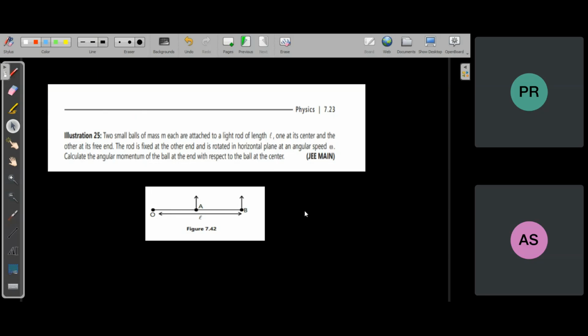Angular momentum is I omega, for ball A it will be m L square by 4, so m L square omega by 4. So 3 by 4 m omega L square we can get.